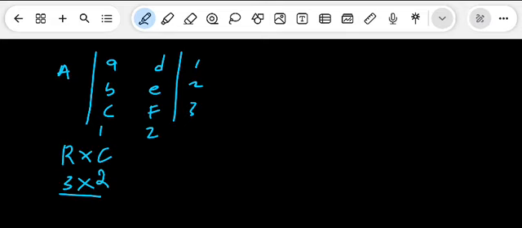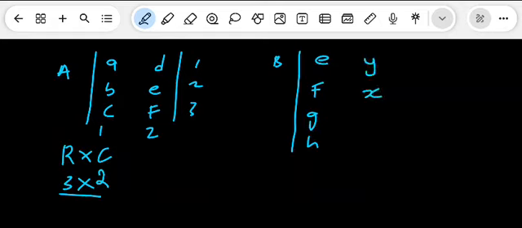Let's say I'm given the matrix B. Matrix B has e, f, g, h, y, x, z, t, p, i, o, c, like this.